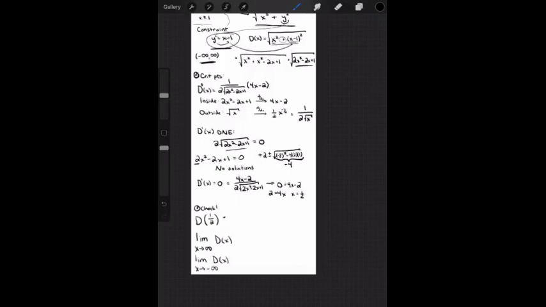So if we plug in 1/2, we get 1/2 squared plus negative 1/2 squared.